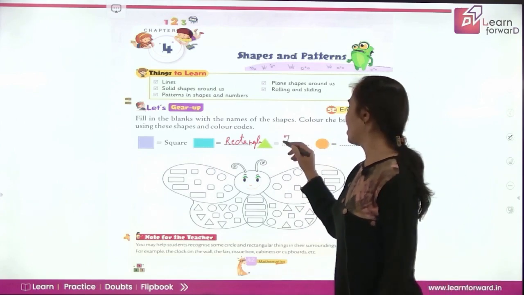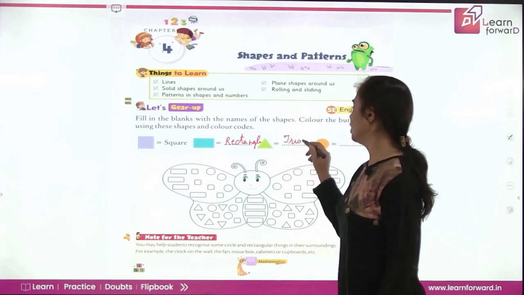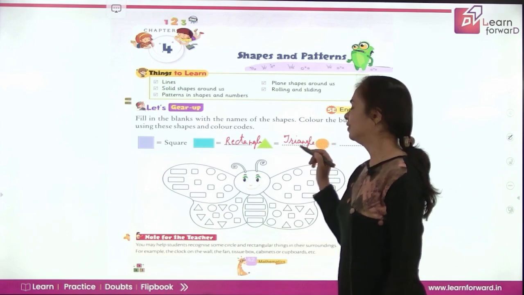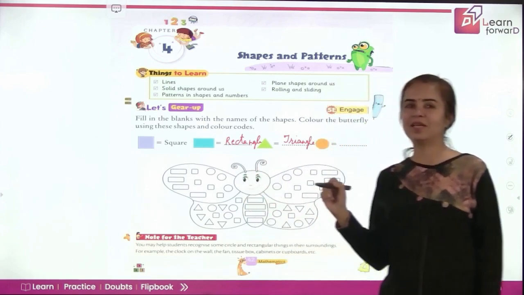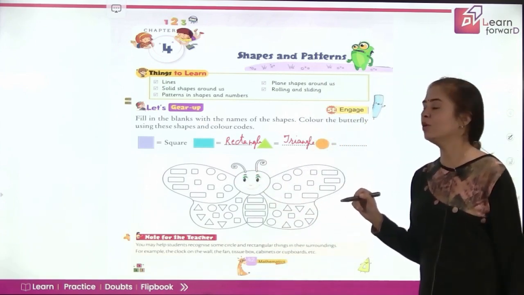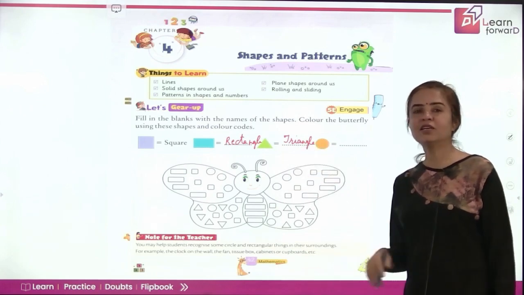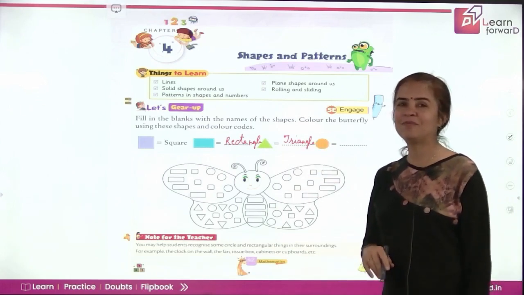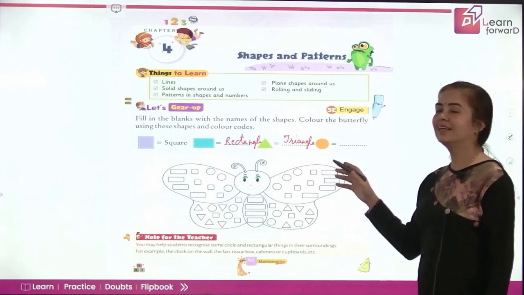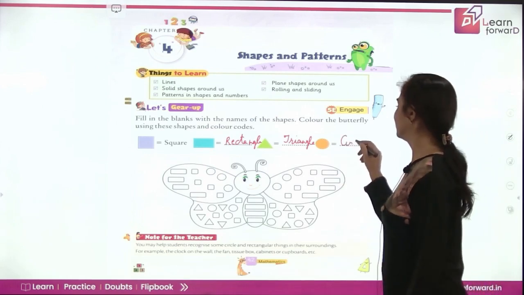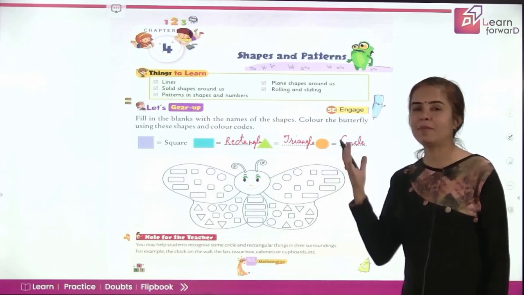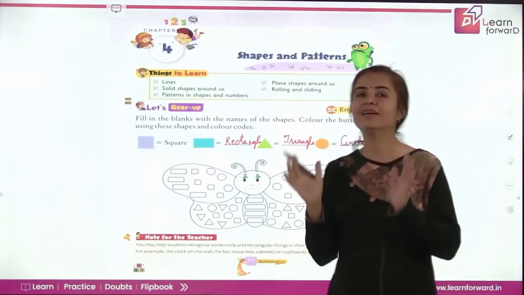This is a triangle. What does it look like? Your triangle eraser? Okay. Some of you are showing me also. That's wonderful. Doesn't it look like a sandwich also? Yes. And what is this? This is a circle, just like your chapati, the bangle of your mother, just like a sun.